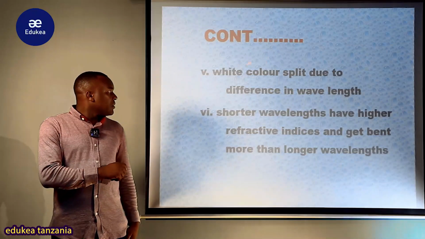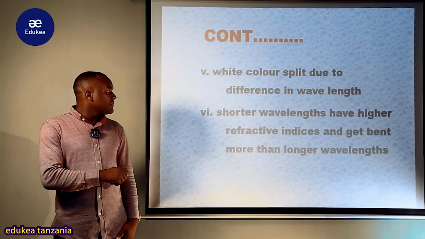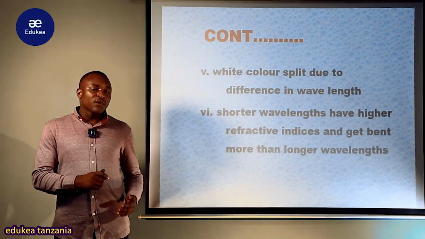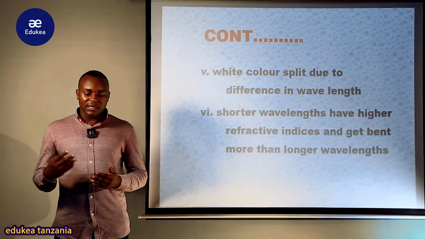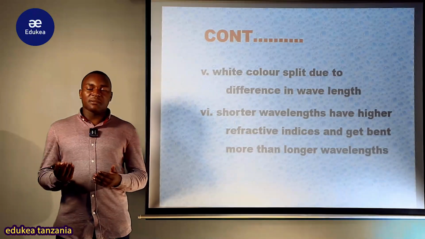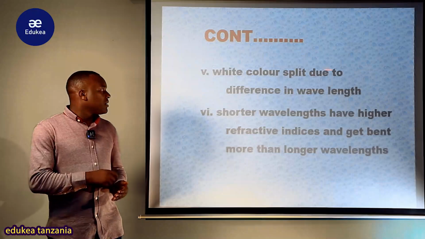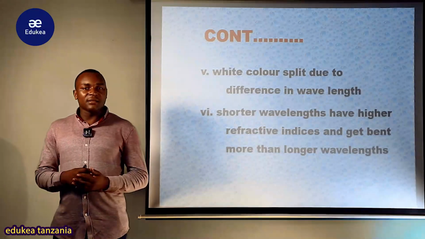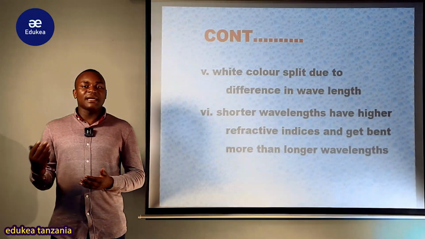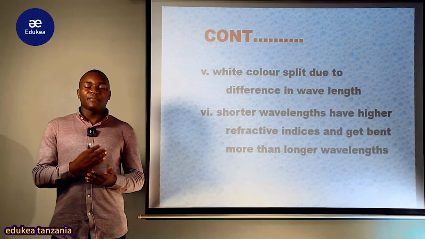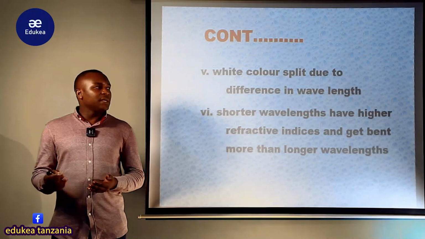Okay, we say that white color splits due to differences in wavelengths, kwamba kwa nini sasa hii white color inakuwa ina split? Inakuwa ina split kwa sababu ya different colors, different wavelengths ya zile rangi tofauti tofauti, kwamba kila rangi ina wavelengths yake, ndio maana zinaweza ku-split.